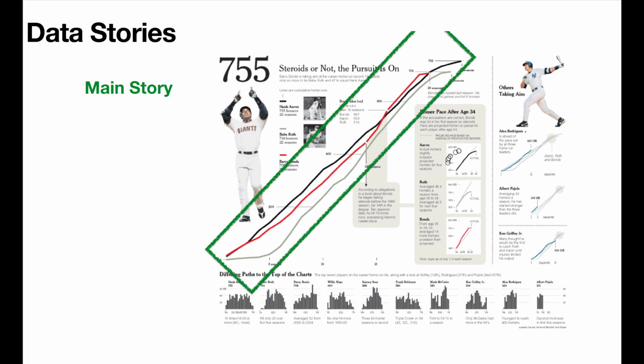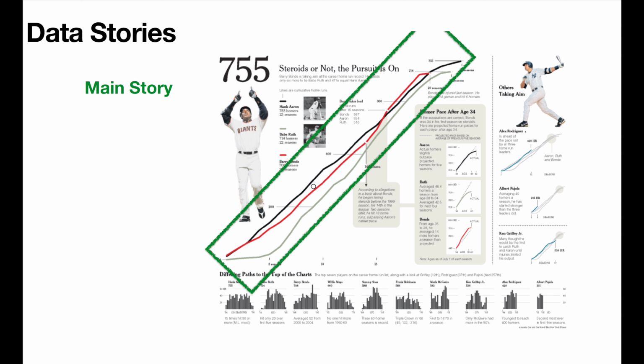Both Hank Aaron and Babe Ruth had careers that looked similar in terms of their home run productions. When they were younger, they had a very steady accumulation of home runs, and as they got closer to the end of their careers, the home run productions slowed down.